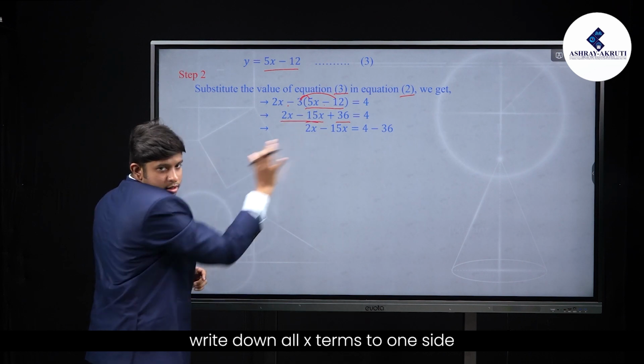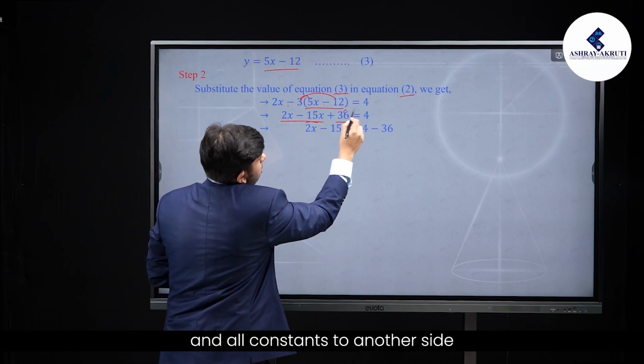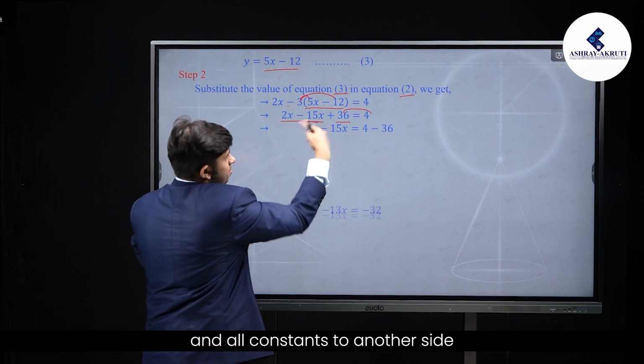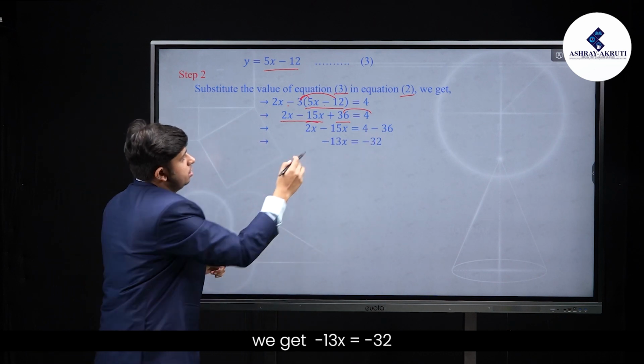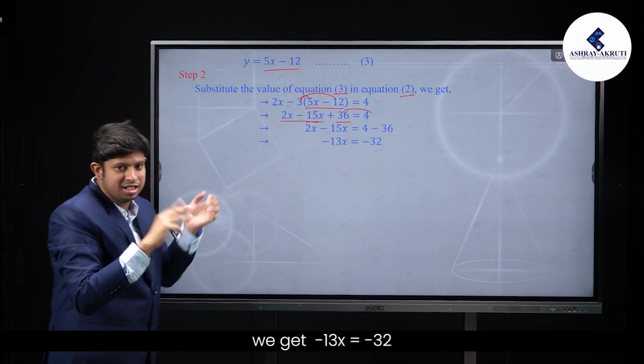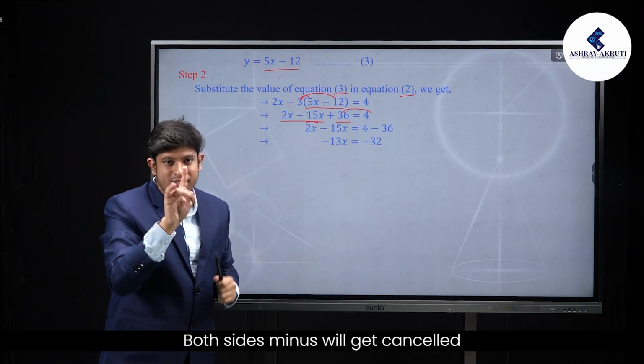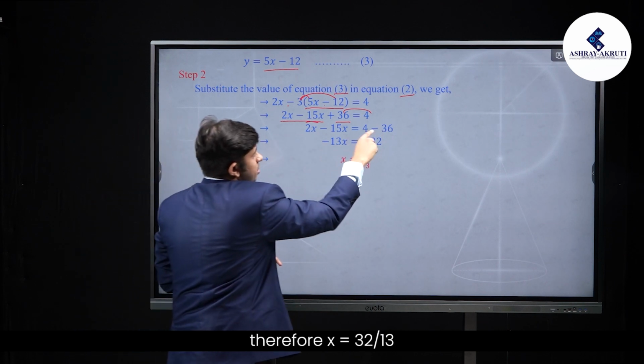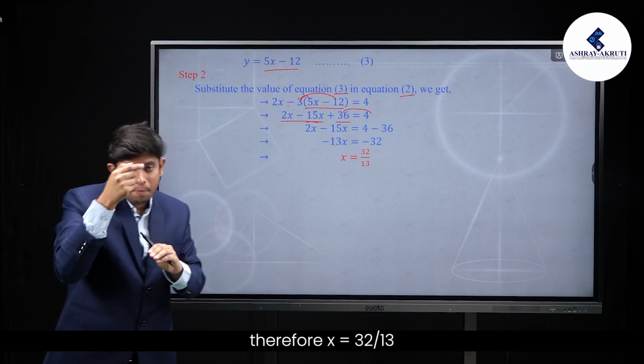Write down all x terms to one side and all constants to another side. By solving, we get minus 13x is equal to minus 32. Both sides minus will get cancelled. Therefore, x equal to 32 by 13.